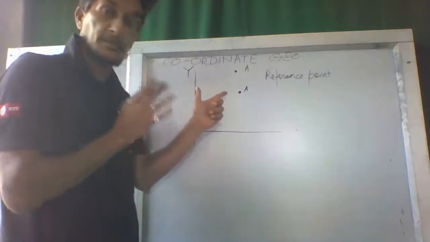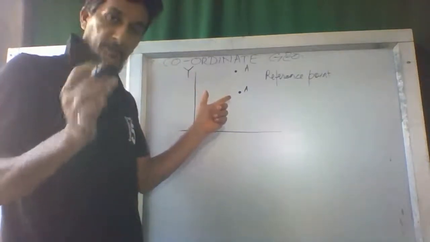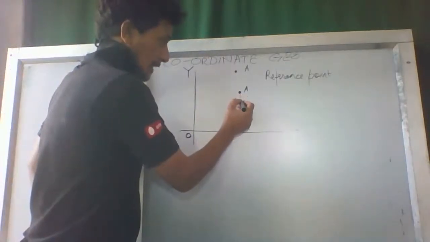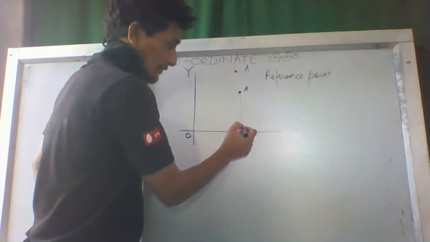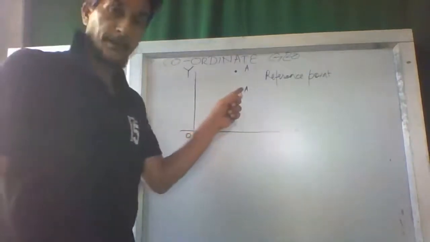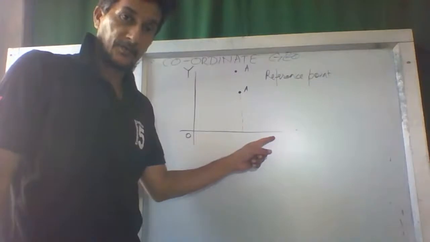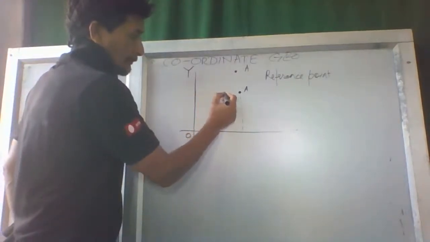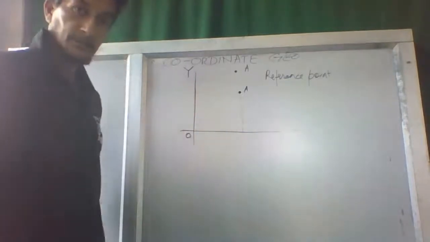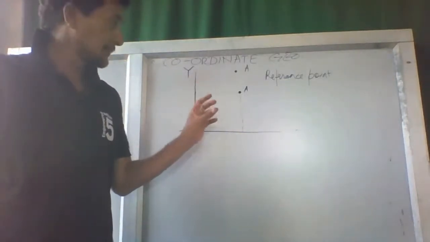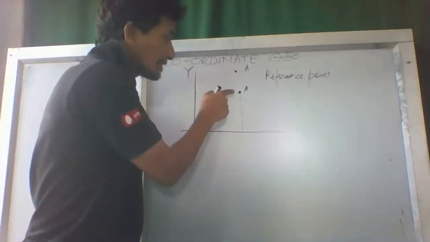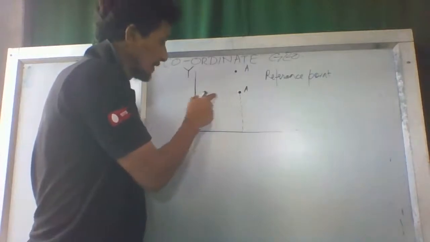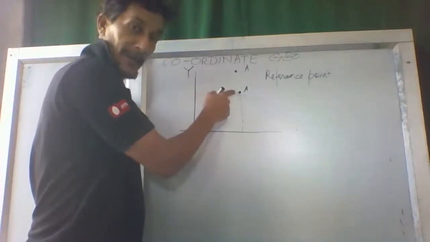As this is a reference point, I will draw a perpendicular line from it on the x-axis and another perpendicular line on the y-axis. It will tell us that this reference point is this much distance from the y-axis and this much distance on the x-axis.